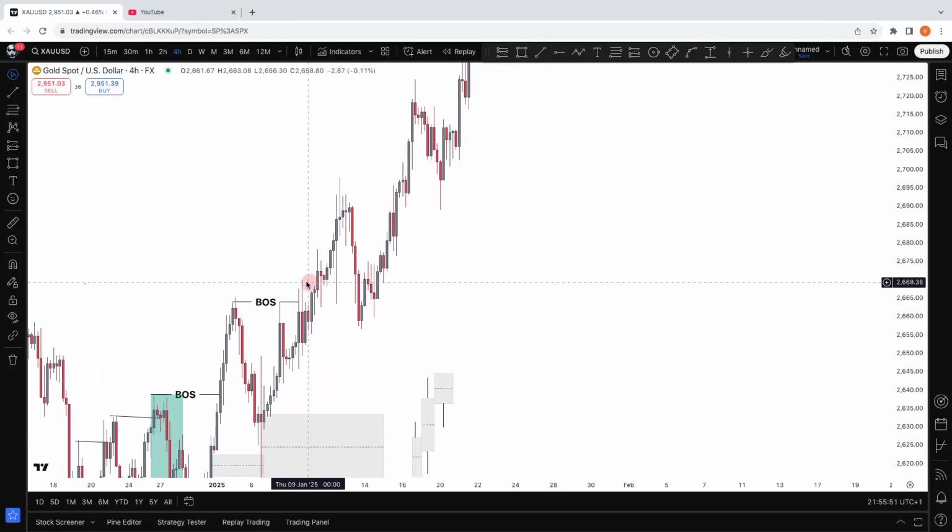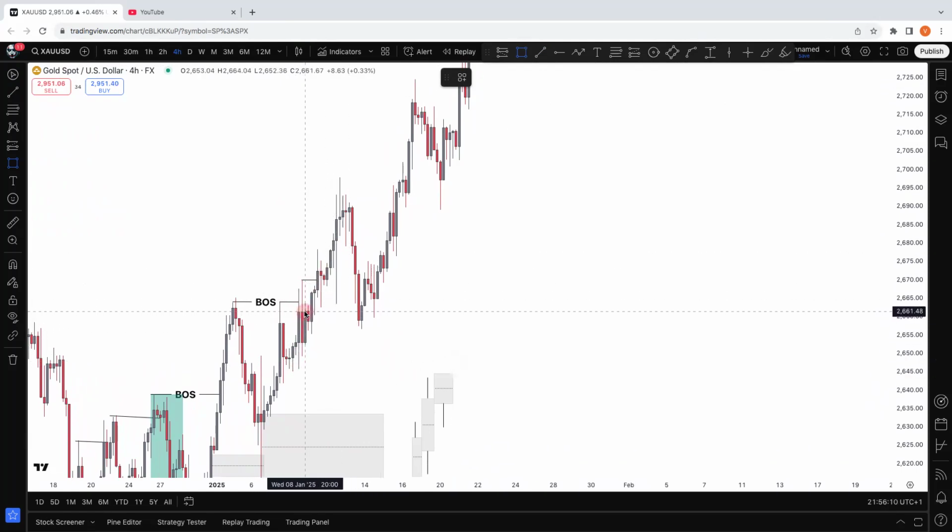All right, so we have our new BOS here, as you can see. And this was the last candle because we also have a low here. After price took out this high, price retraced to give us a new low.